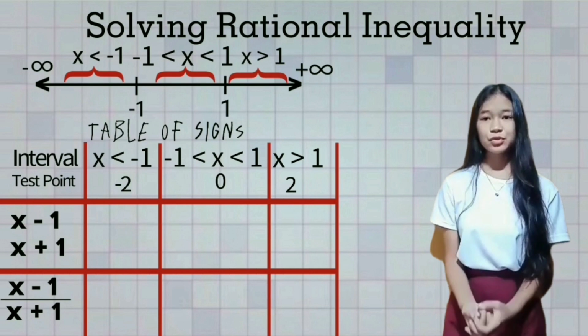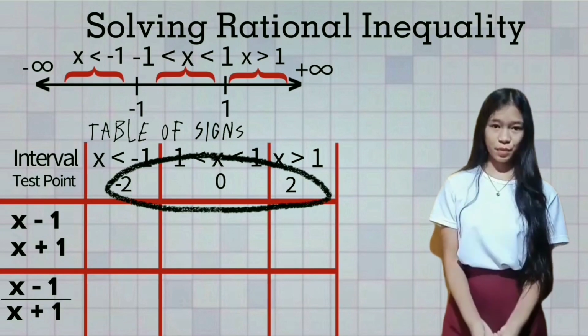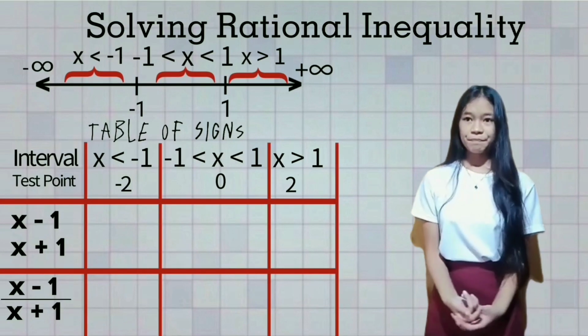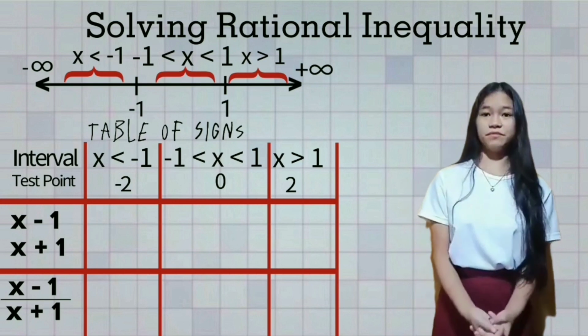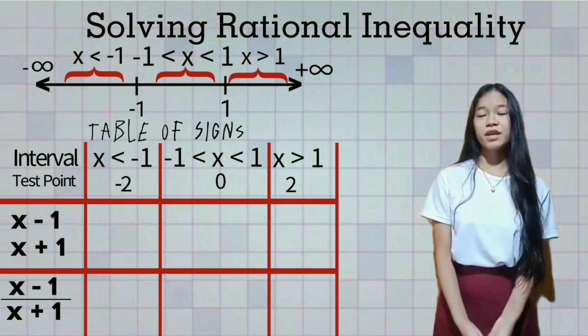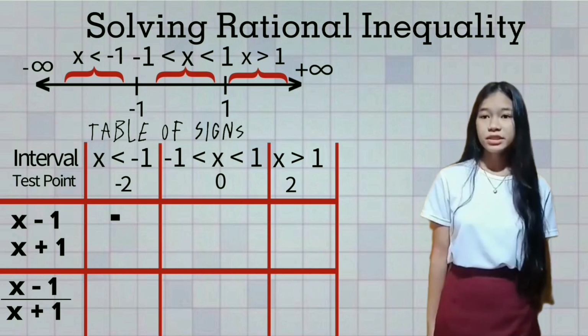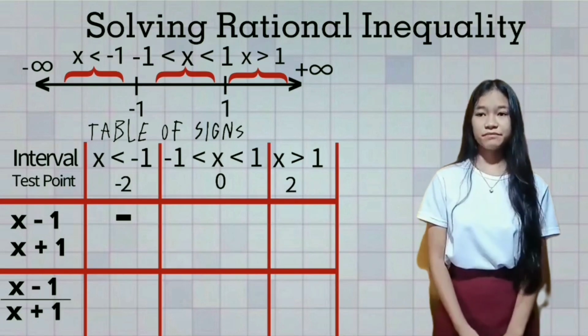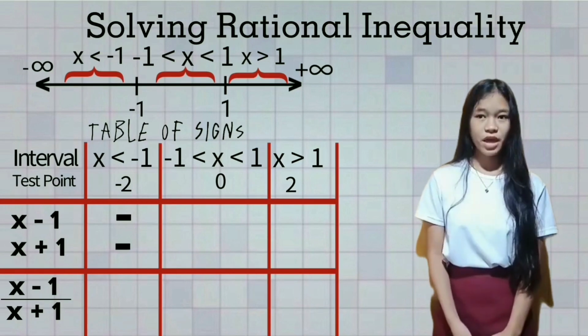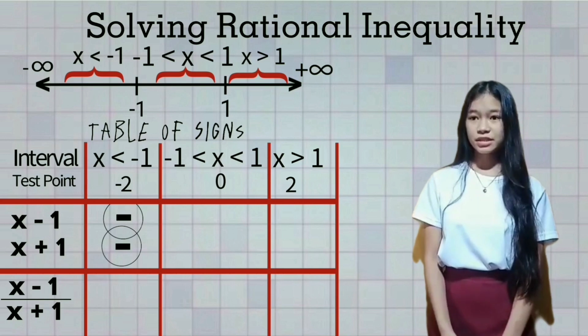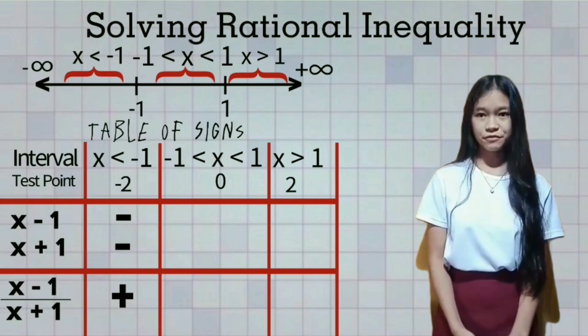All we have to do is substitute our test points in our functions and then get our sign. So let's try. Negative 2 minus 1, that is negative 3. Then negative 2 plus 1, that is negative 1. And then negative divided by negative, that is positive.